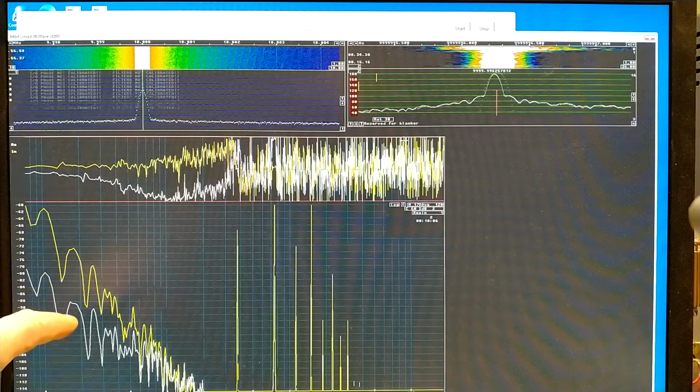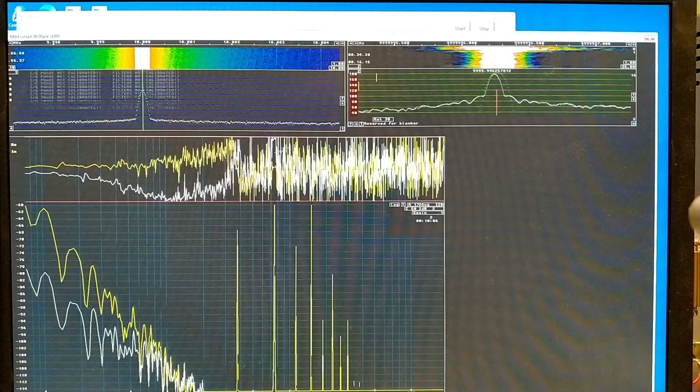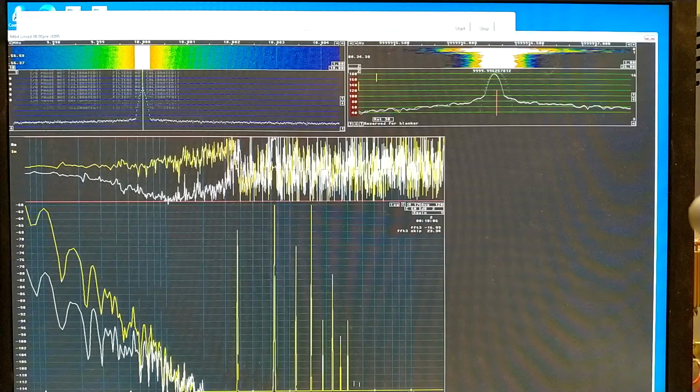Phase noise, amplitude noise, they have the same shape, but they are not very strongly correlated. But at higher offsets, at 1 Hertz, they are very strongly correlated, and they are in phase because it is the white trace. That is the real part of the correlation.